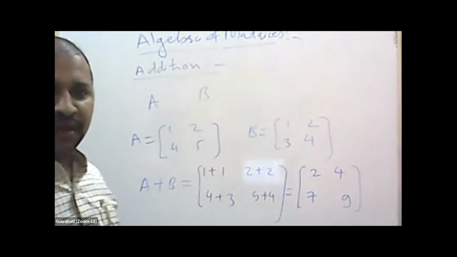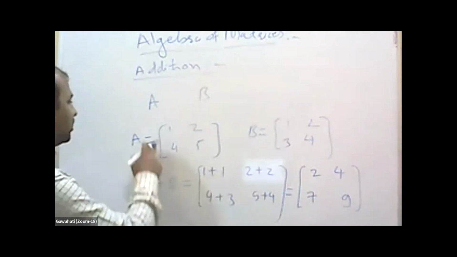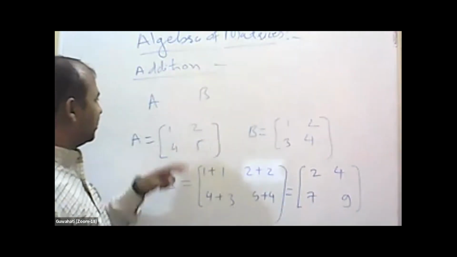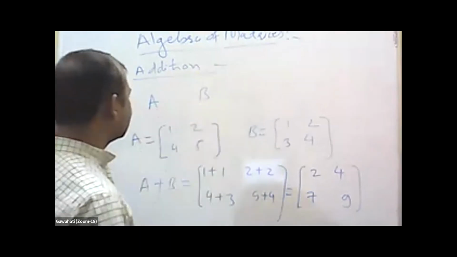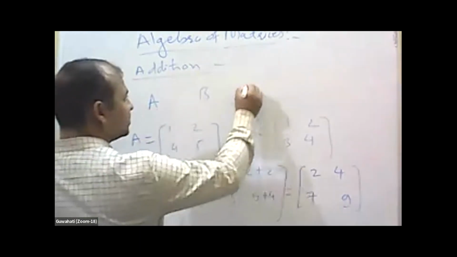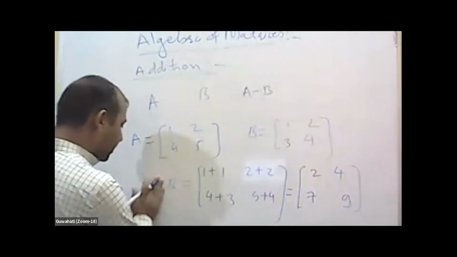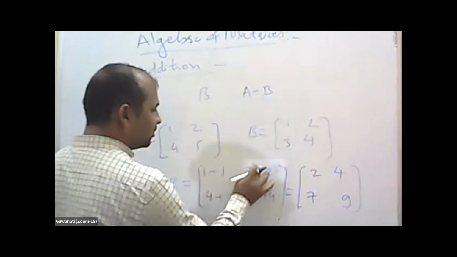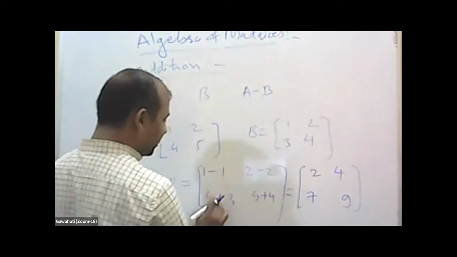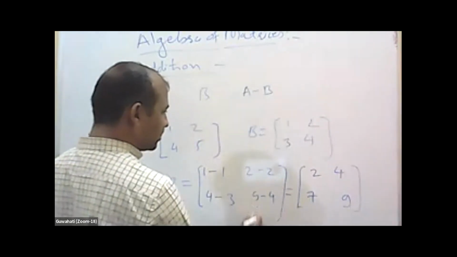Similarly, we can define subtraction of two matrices. There will be matrices A and B having the same order. Then the subtraction is denoted by A minus B, and we can subtract component-wise, element-wise. What will their subtraction be?